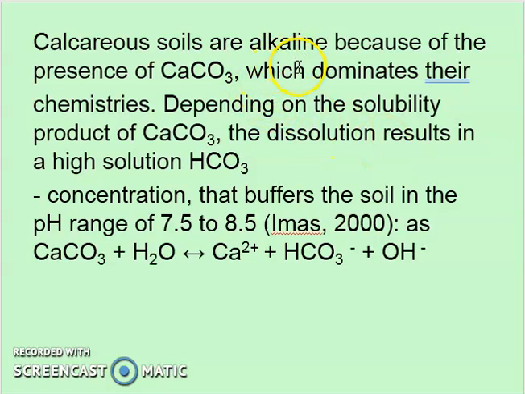Calcareous soils are alkaline. The next characteristic is that calcareous soil is alkaline soil, and its pH is more than 7.7 and ranges between 7.5 to 8.5, usually 8.3.